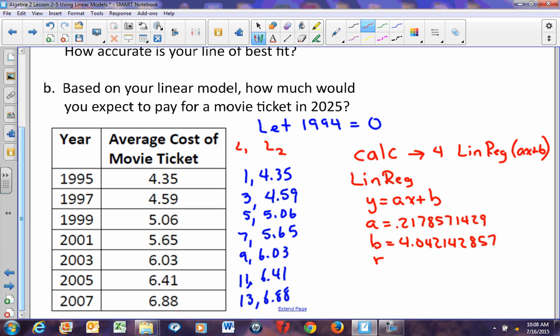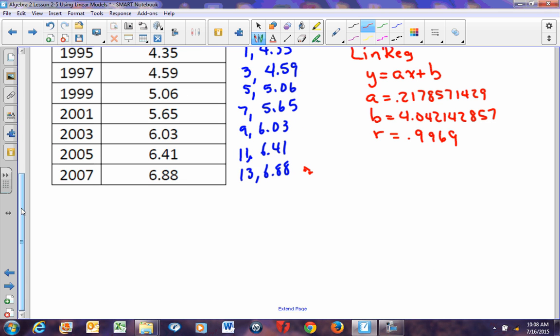R is going to equal approximately 0.9969, which essentially means we can now find the equation, because that gives us all the information we need. So our equation is going to be y equals 0.2178571429x plus 4.042142857.